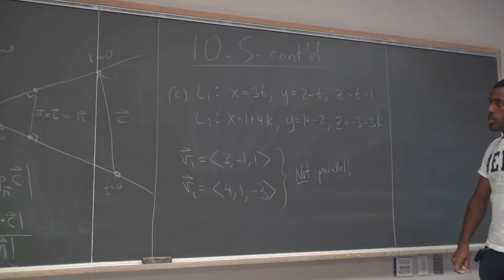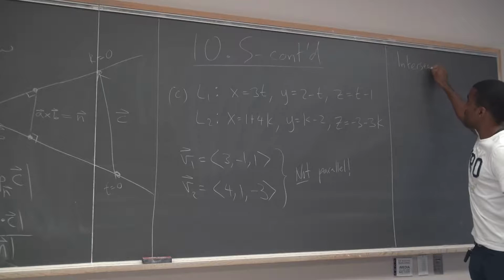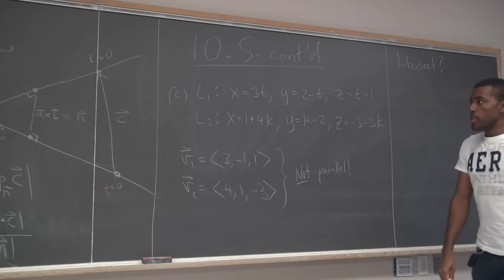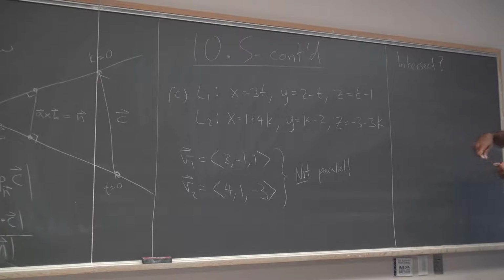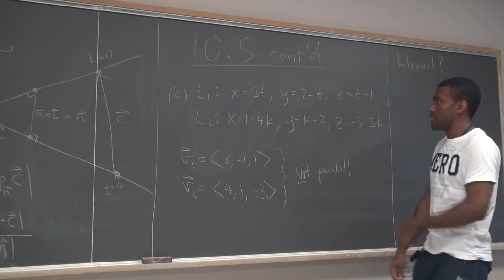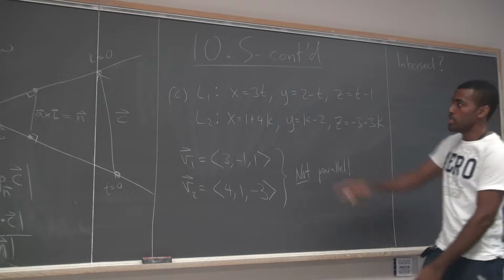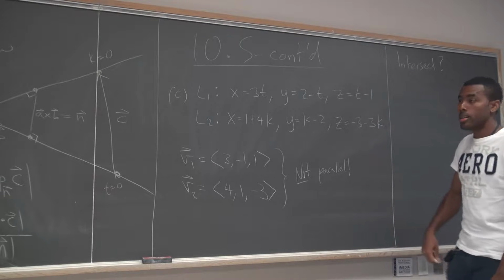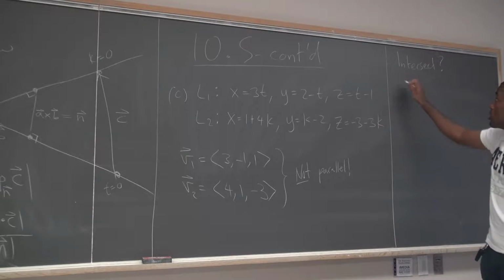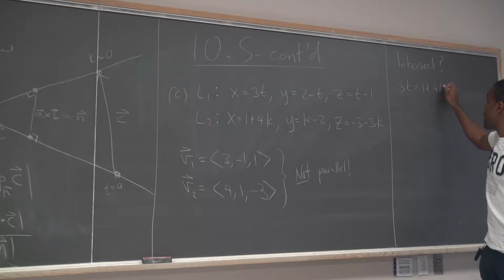So now we're going to check, do they intersect? They intersect when all the coordinates coincide at the same time, right? The x coordinate has to coincide with the y coordinate, has to coincide with the z coordinate, and this all has to happen at the same time. Which means that this has to be equal to that, this has to be equal to that, this has to be equal to that. And you can set up a system of equations. So we need 3t to be equal to 1 plus 4k.